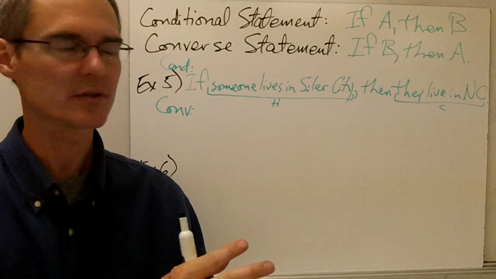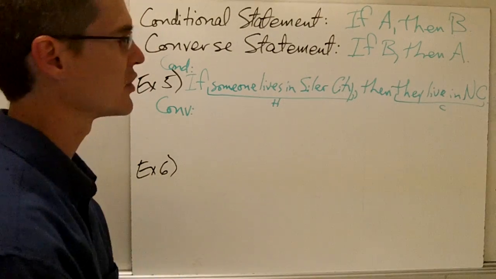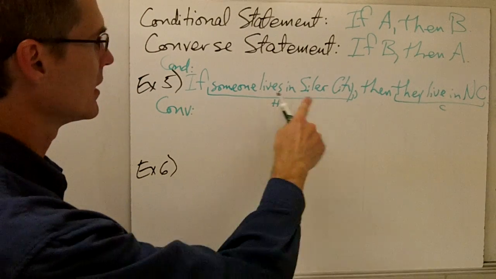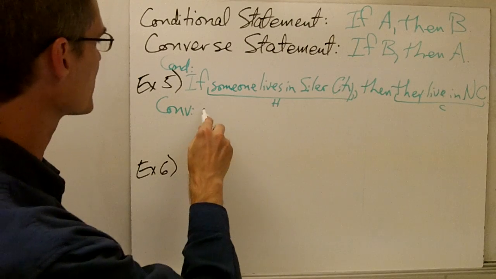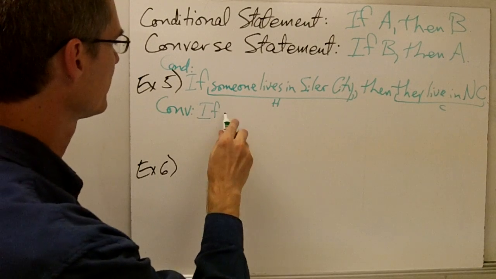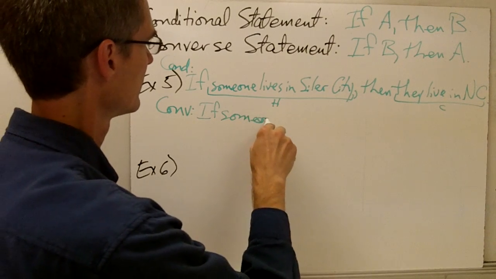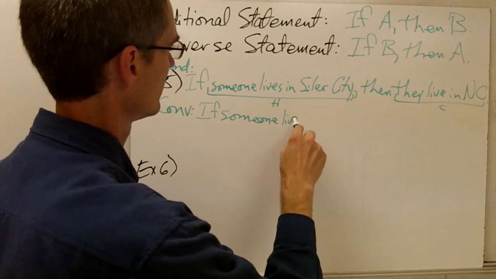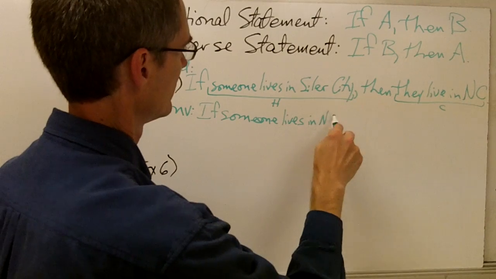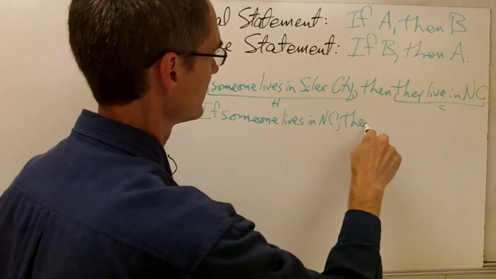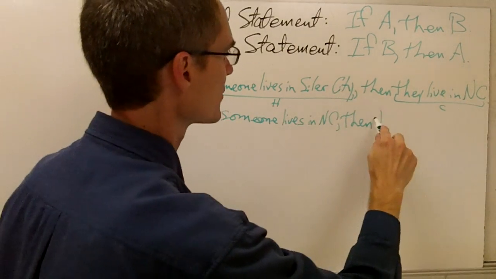So we're going to have to modify that a little bit just to make it make sense using English grammar. So my converse statement is going to be, if someone lives in North Carolina, then they live in Siler City.